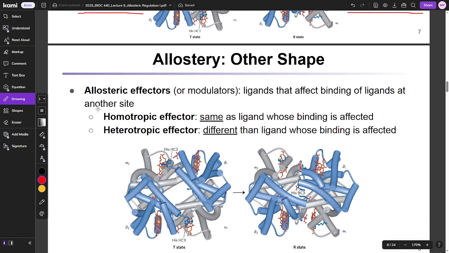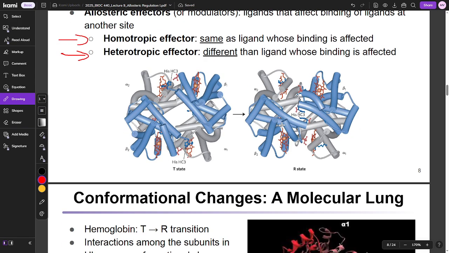In this case, hemoglobin would technically be a homotropic effector, because the binding of oxygen affects the binding of other oxygen. But a heterotropic one, as you'll see later, is something like a hydrogen ion. H+ binding affects O2 binding, which is heterotropic because H+ is not O2, obviously.